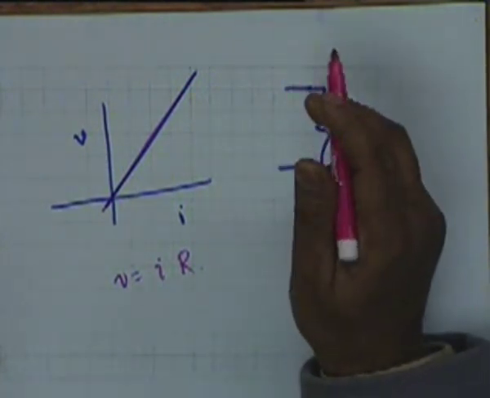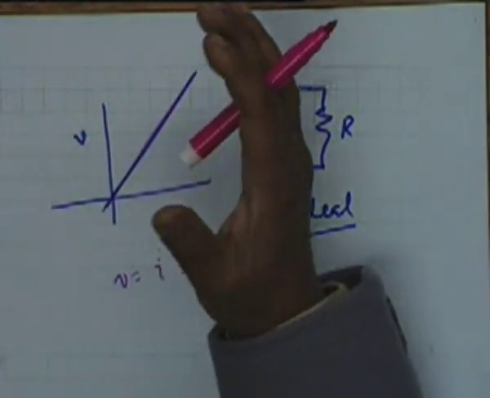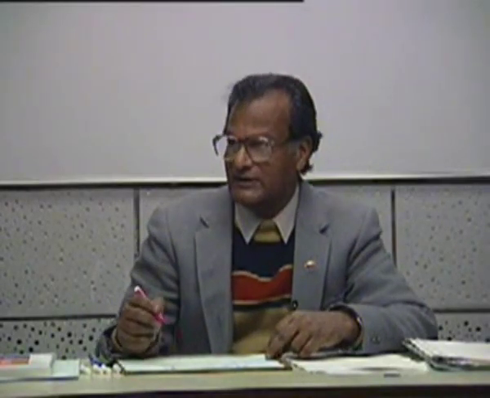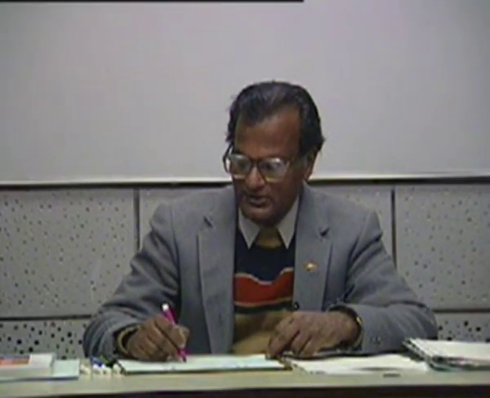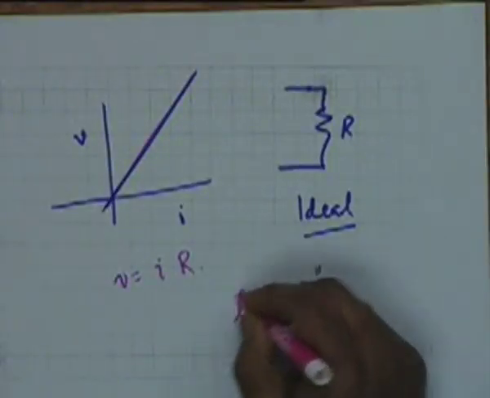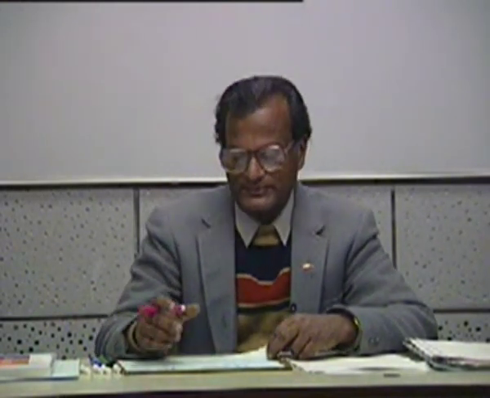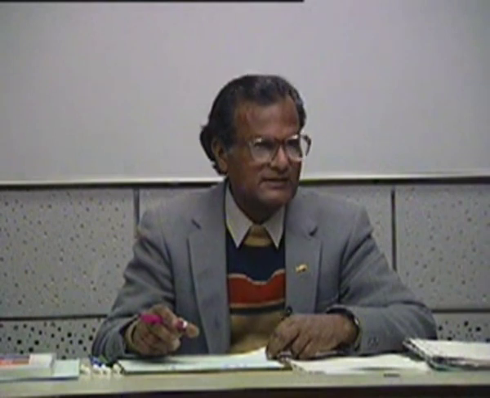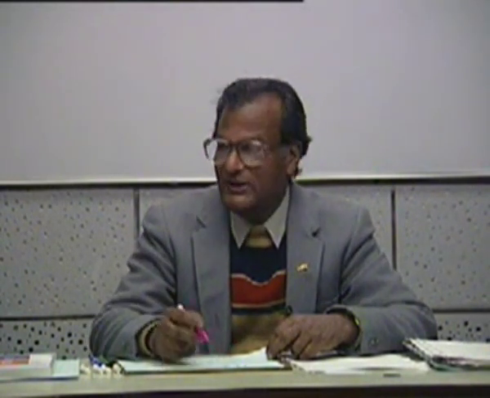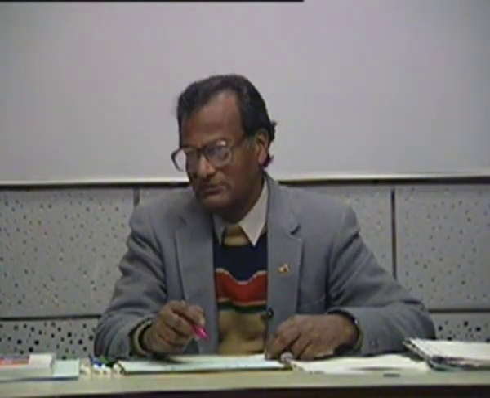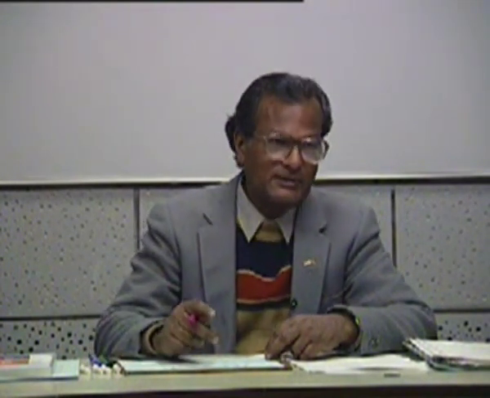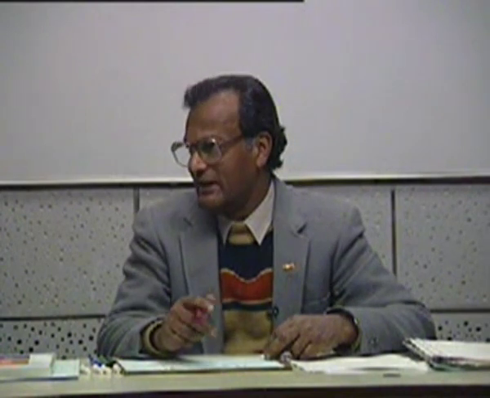Now this is an appropriate point to introduce another term, called linear. We shall consider all electrical devices in this course as linear. There are resistances which may not obey Ohm's law, for example, a thermistor or an electrolyte.